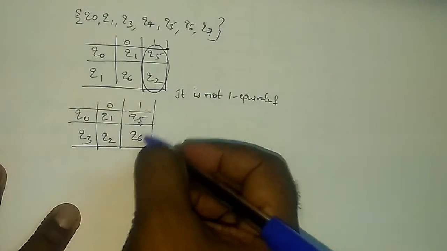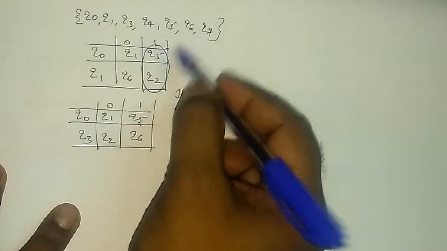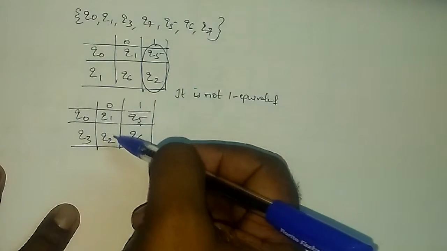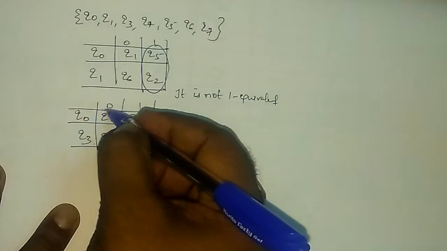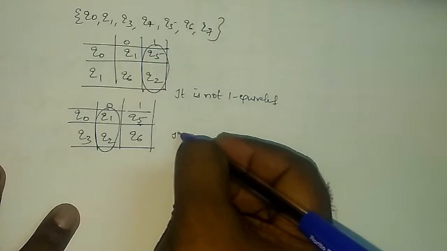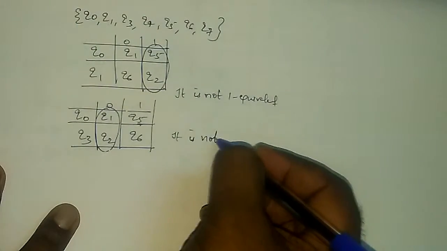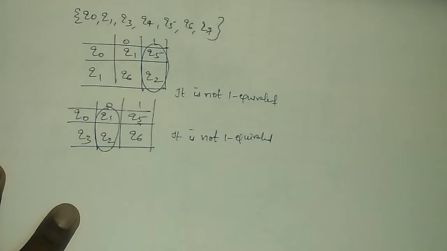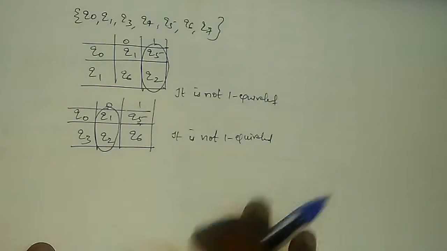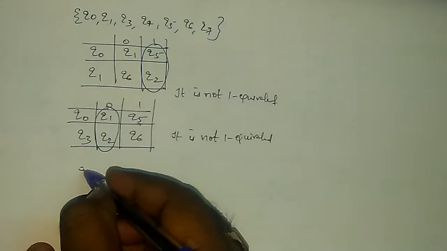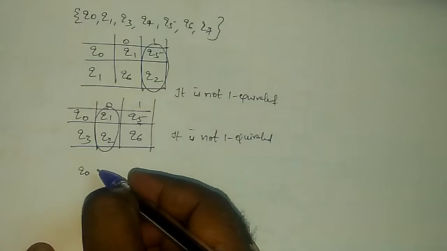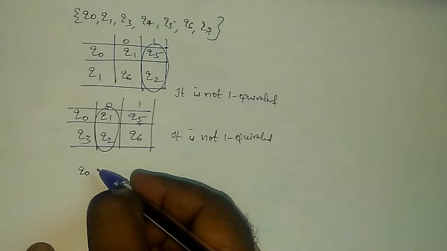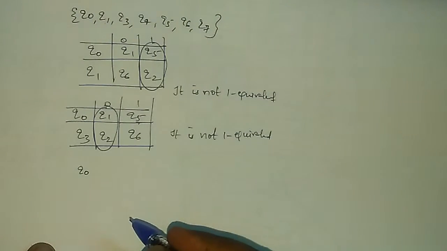Q5, Q6 belong to this set, but Q1, Q2 belong to another set, so it is not one equivalent. So you understood the process. Next, Q0 is compared with Q4. Sorry, Q0 is compared with Q5.